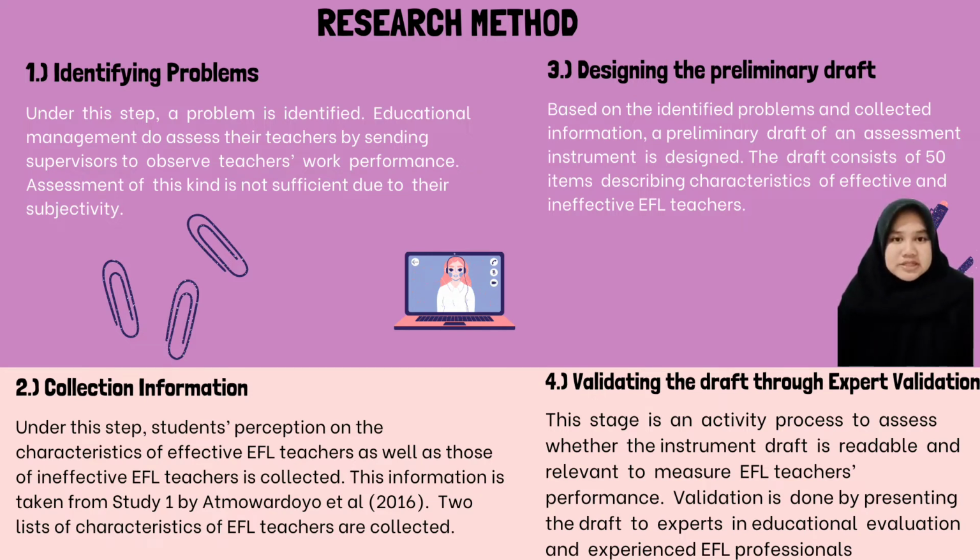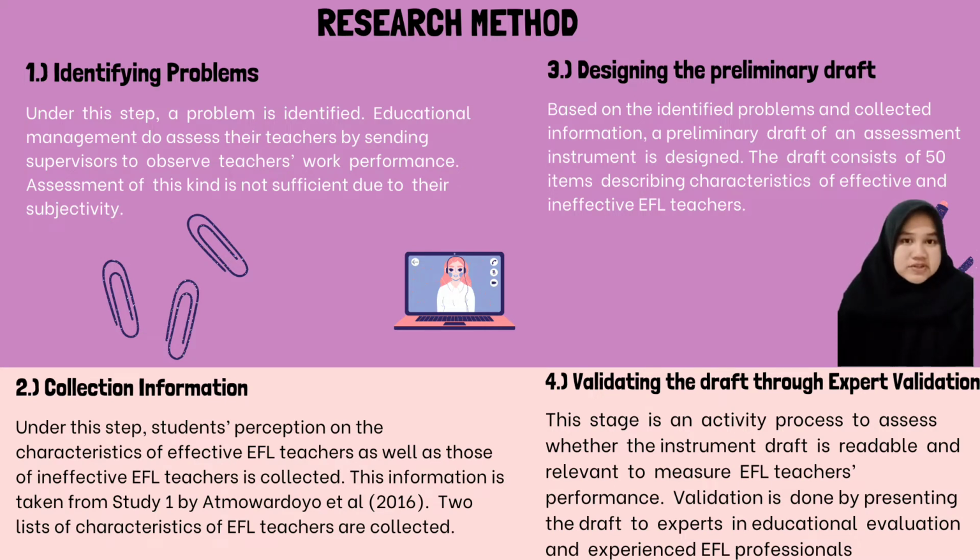The third is designing the preliminary draft. Based on the identified problems and collected information, a preliminary draft of an assessment instrument is designed. The draft consists of 15 items describing characteristics of effective and ineffective teachers.